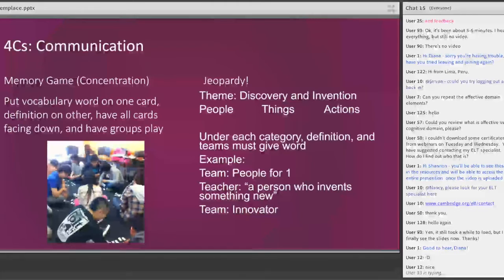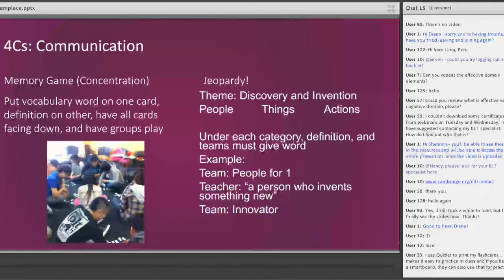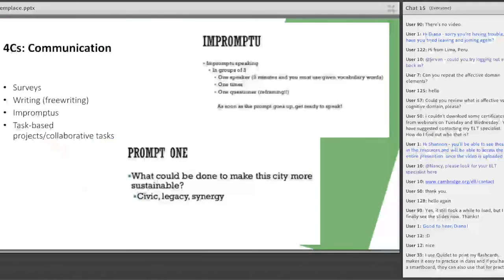So the team would say, we'll take people for 1. And the teacher would read, a person who invents something new. And this team might come up with innovator. So these are great ways to reinforce what's in the text. But again, what we're doing or not doing here is allowing independent production.